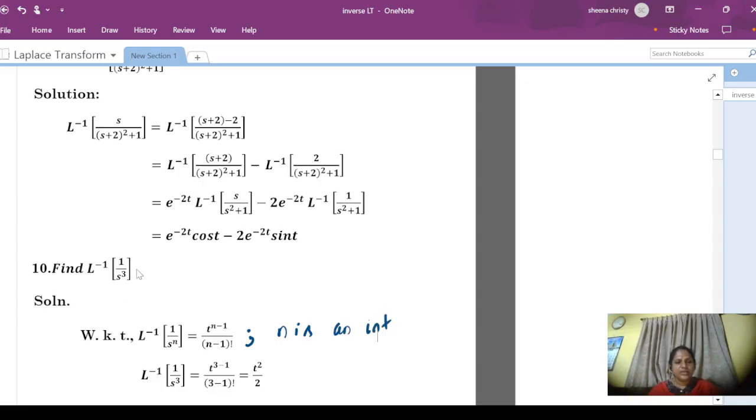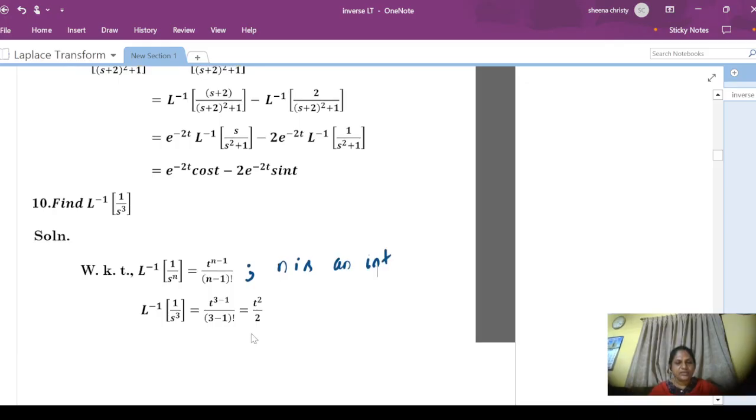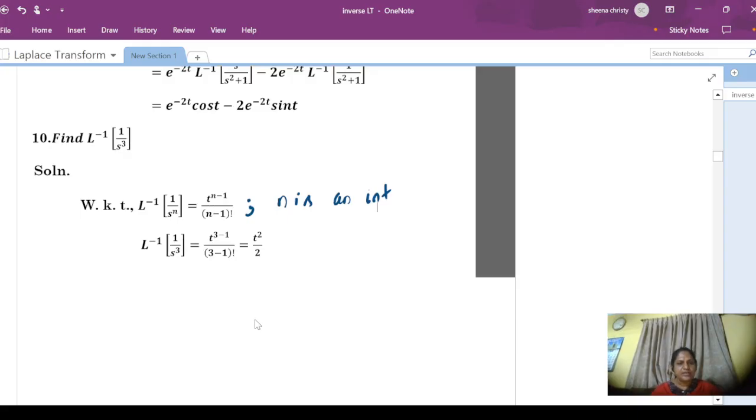So here also n is an integer, n equal to 3. Therefore t power 2 by 2 factorial, and 2 factorial is 2 itself. So we get the answer for L inverse of 1 by s power 3 is equal to t square by 2.